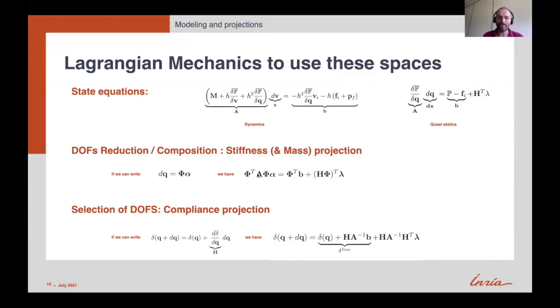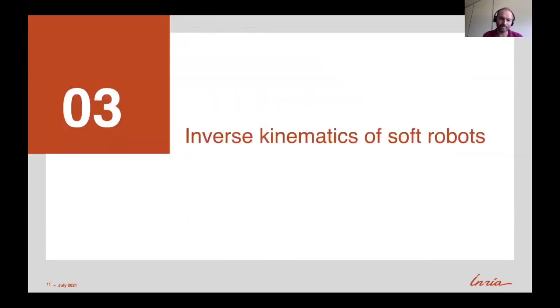If A is homogeneous to a stiffness, A minus 1 is homogeneous to a compliance. And you can select some particular DOF, for instance for actuation, particularly when you are looking for a small number of DOF compared to the size of the model, to really drive the model in this space.